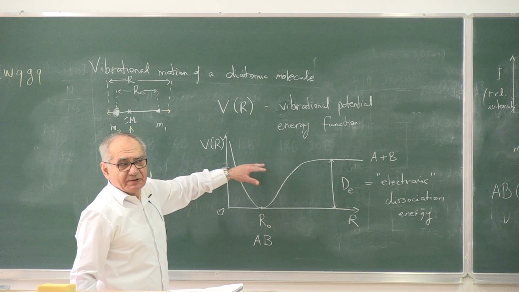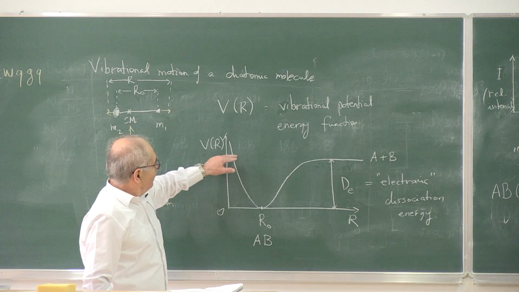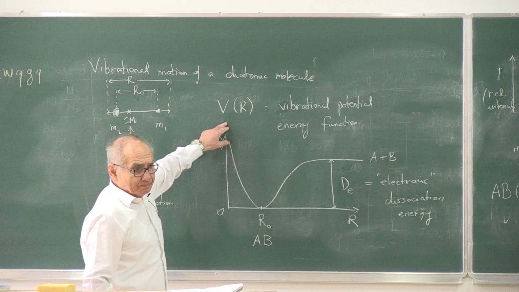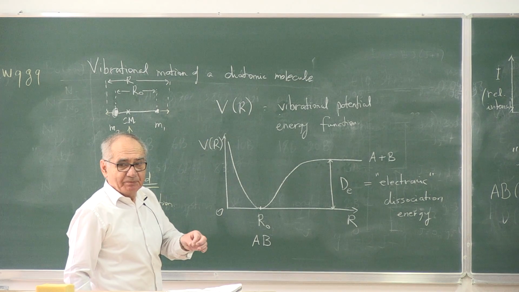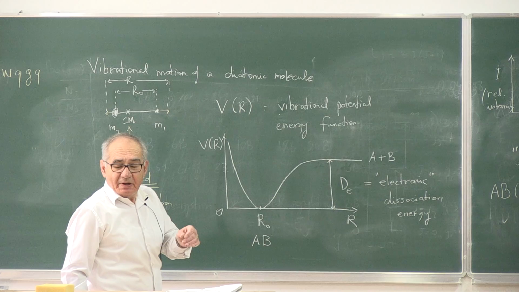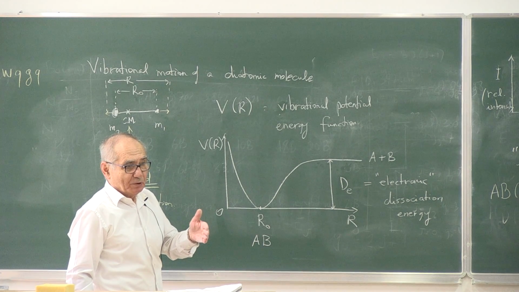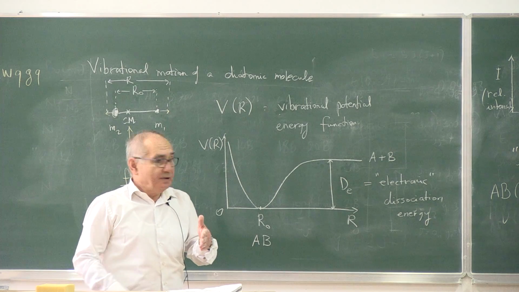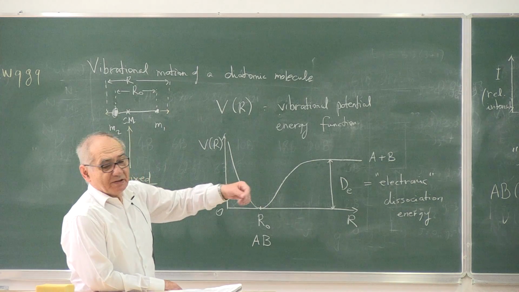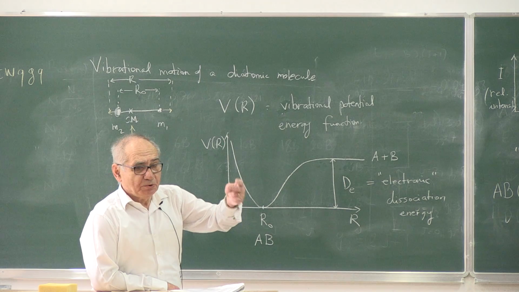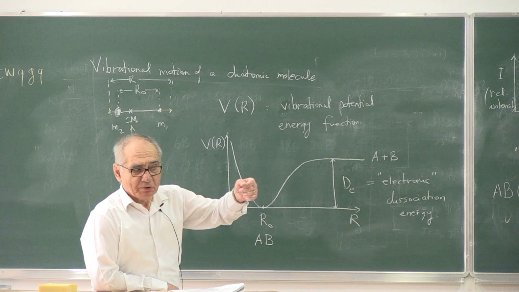This curve, or the potential energy function, is obtained theoretically by solving the electronic motion of the molecule. For example, if we apply this to hydrogen molecule H2, there are 2 electrons in the hydrogen molecule.